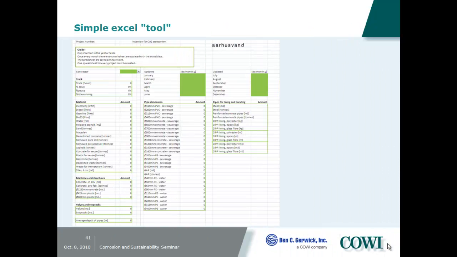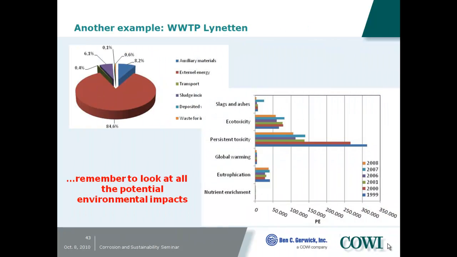It could be as simple as a basic Excel sheet, carbon footprinting, all the aspects within the structure. And for a sewage company, you need to look at all different aspects. It's not only the carbon dioxide and global warming. In this case, you can see it's a very low person equivalent compared to persistent toxicity. So you have to remember to look at all different aspects.